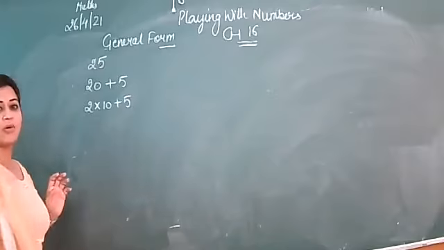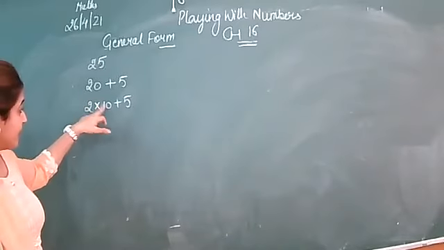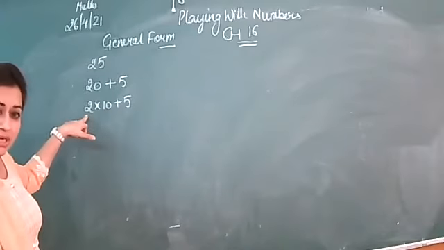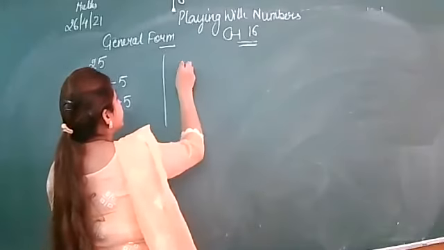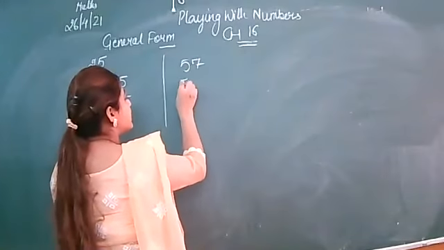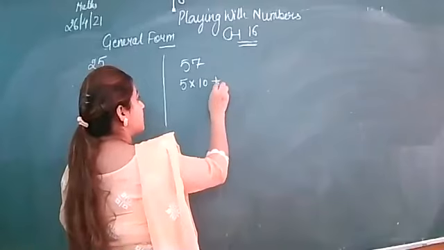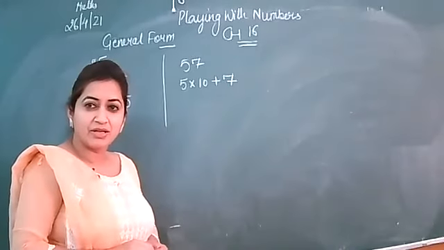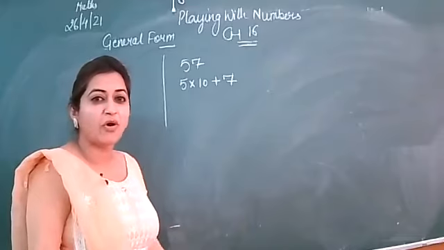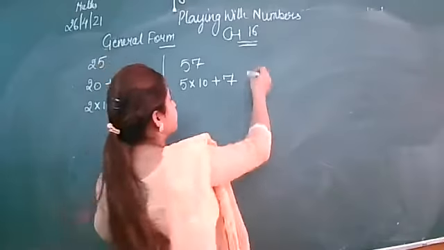So the general form of the number is 10 into the digit at the tens place plus the unit place. If I write 57, it will be written as 5 into 10 plus 7. Is this clear? This is the expanded form only, the same is called the general form.